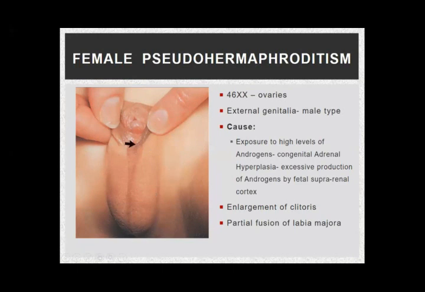What is the cause? The cause is that during pregnancy the mother may be exposed to high levels of androgens, or there may be congenital adrenal hyperplasia. Sorry, the mother is okay, but the fetus may have congenital adrenal hyperplasia.